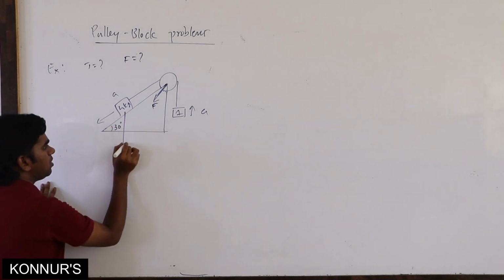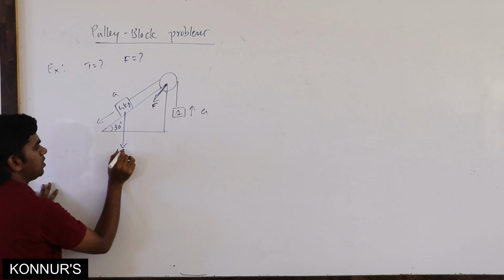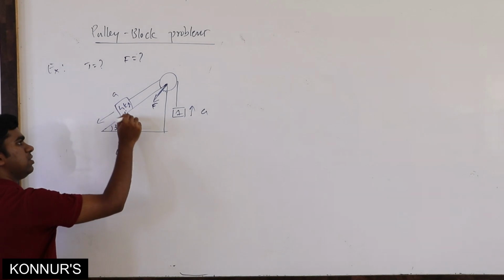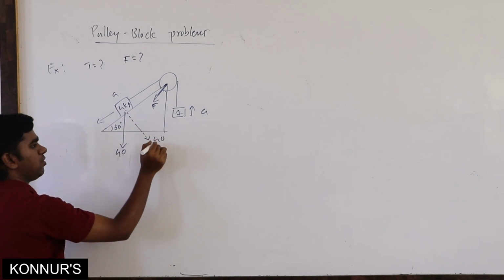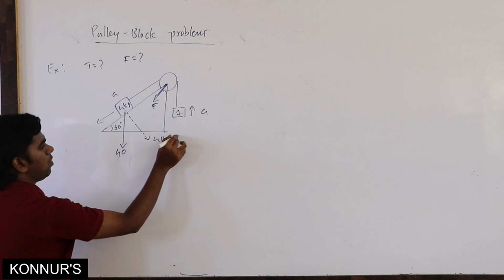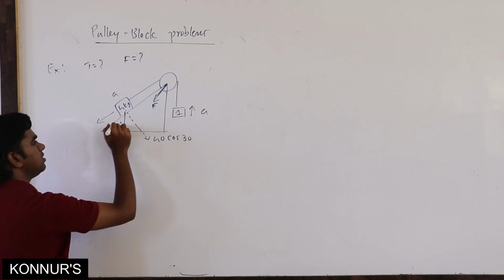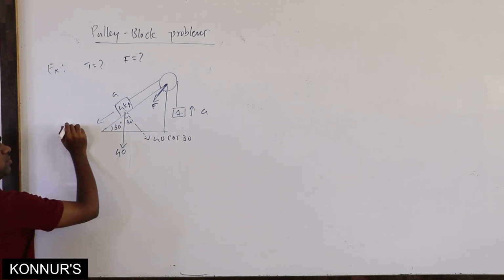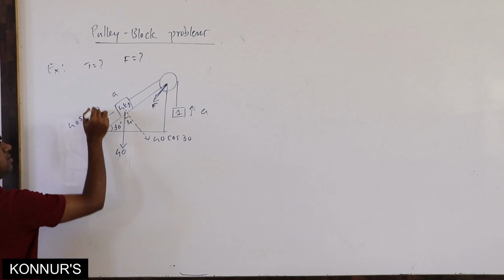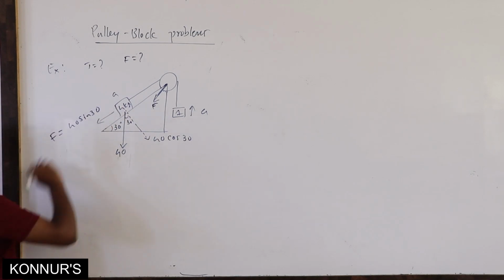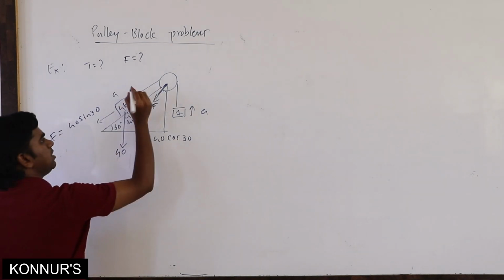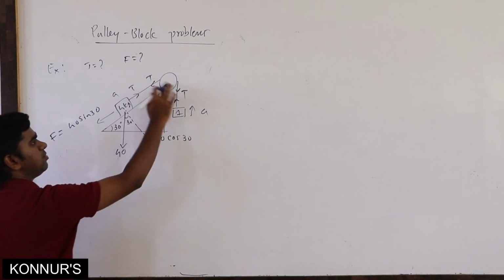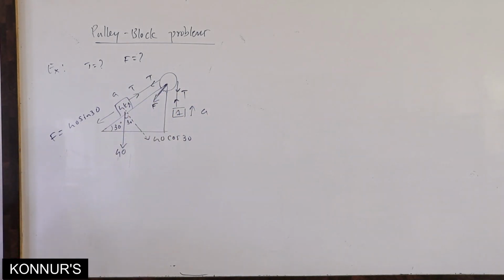Here what is the downward force? Downward is 4 into g, or simply you can take it as 40. So take its normal component. This will become 40 cos 30 degrees, because if this is 30, this is also going to be 30. And here this is 40 sin 30. So in this direction the force is 40 sin 30. Here tension T is there. There also tension T is there, because two bodies are connected with the same string. Apply net force here.